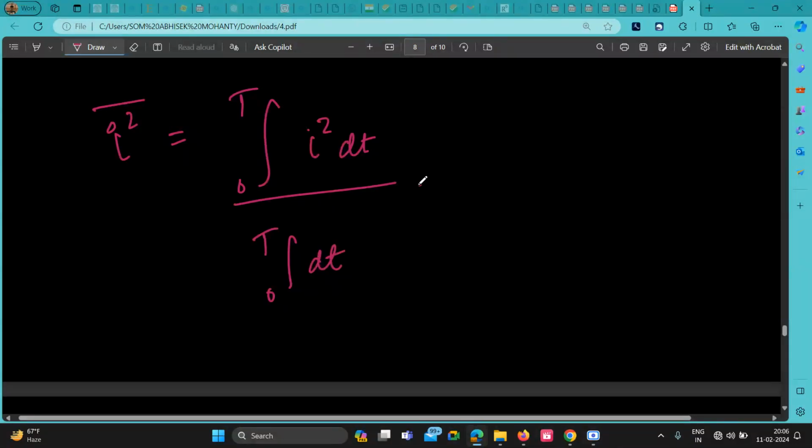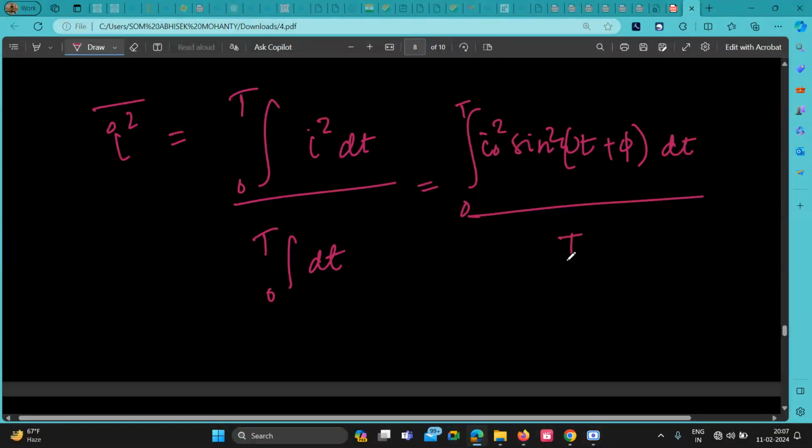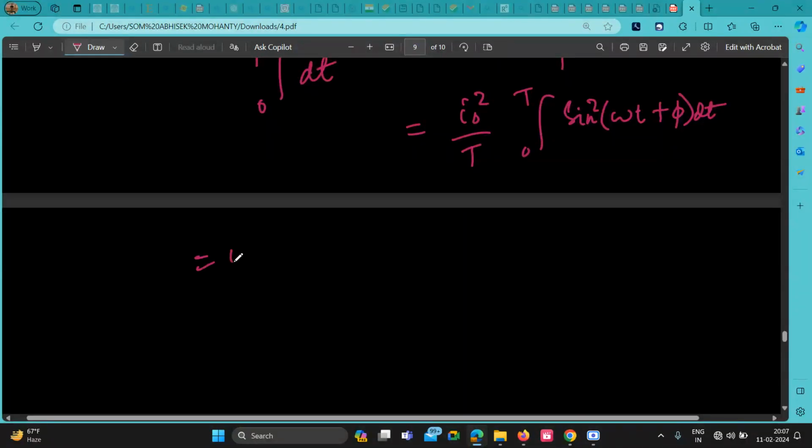Okay, let's calculate. I square mean is equal to integral 0 to T of I square dt divided by integral 0 to T of dt. That is I naught square sine square omega t plus phi dt from 0 to T divided by T. So I naught square divided by capital T, integral 0 to T of sine square omega t plus phi, which is 1 minus cos 2 omega t plus phi, all divided by 2.